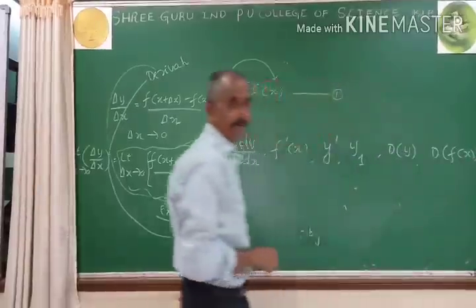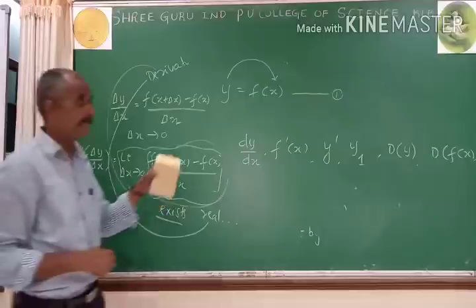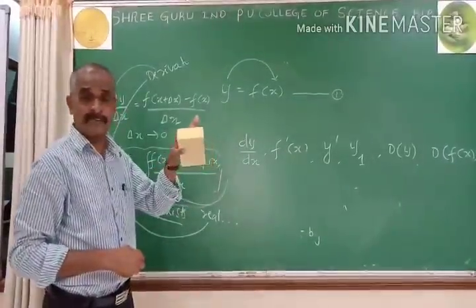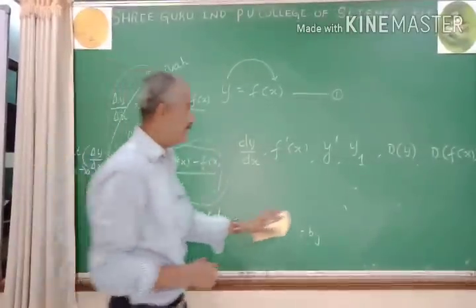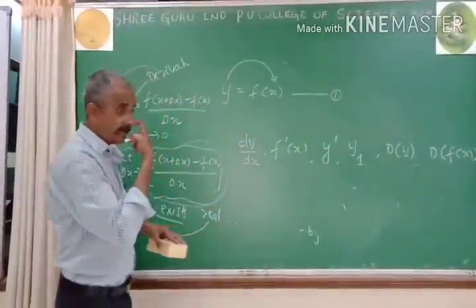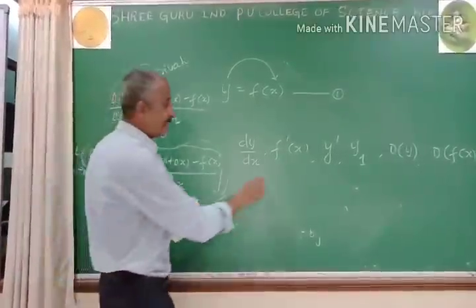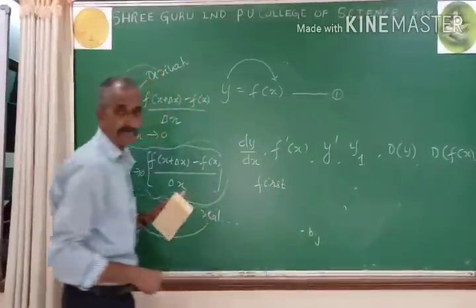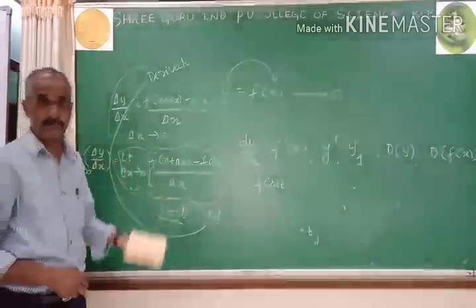These are all various notations, but their meaning is the same: to represent the derivative of a function. Here f dash, y dash, y1, capital D of y, capital D of f of x are all also called the first order derivative of a given function y equal to f of x.